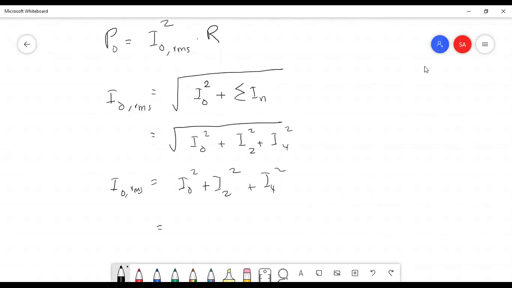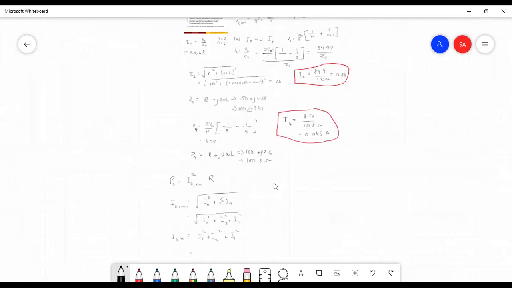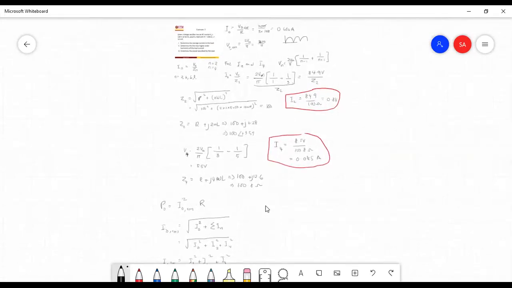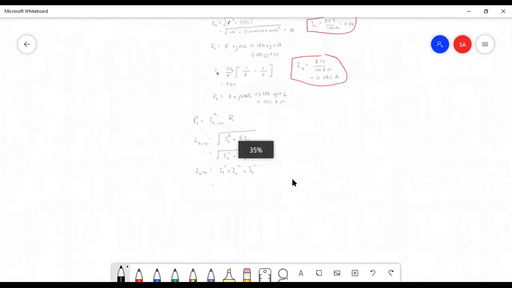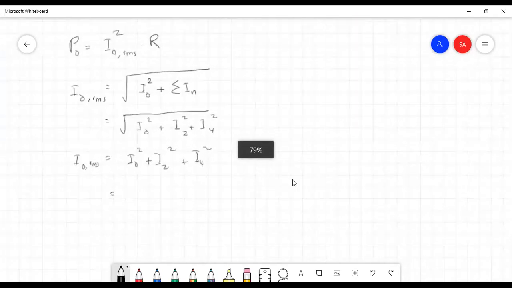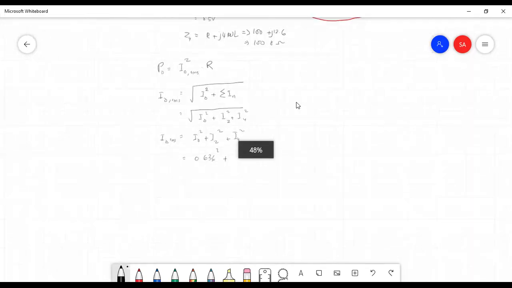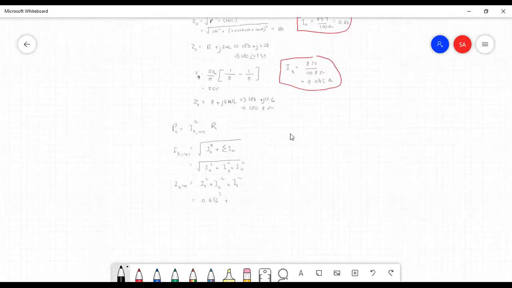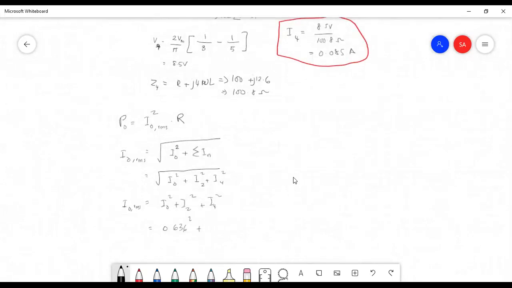Based on the values that we have already obtained from the previous analysis, Io is 0.636. So 0.636 square plus I2, which is 0.84, 0.84 square plus 0.085 square.